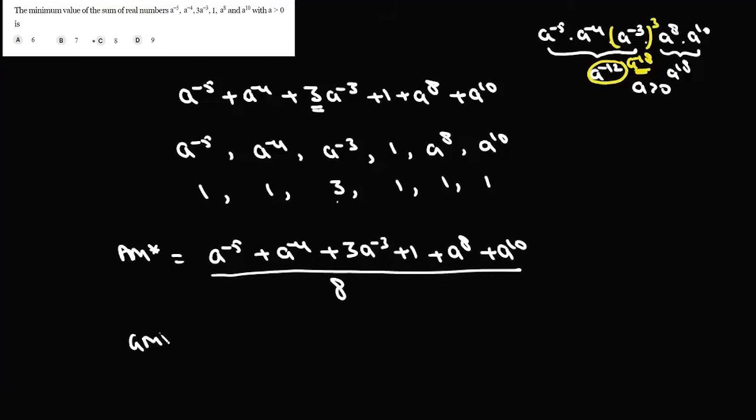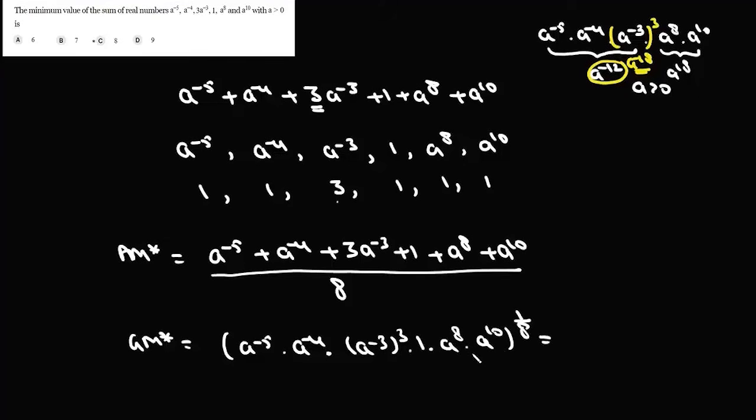And their weighted GM will be a to the power minus 5 into a to the power minus 4 into a to the power minus 3 cube into 1 into a to the power 8 into a to the power 10 whole to the power 1 by 8. Now this is a to the power 0, which is 1. So their GM will be 1.